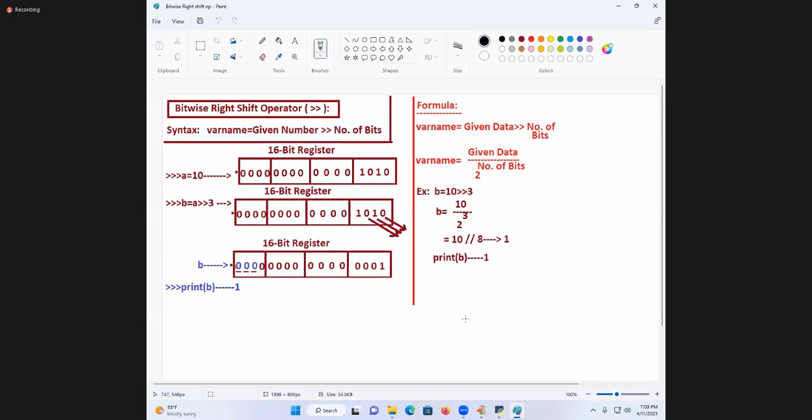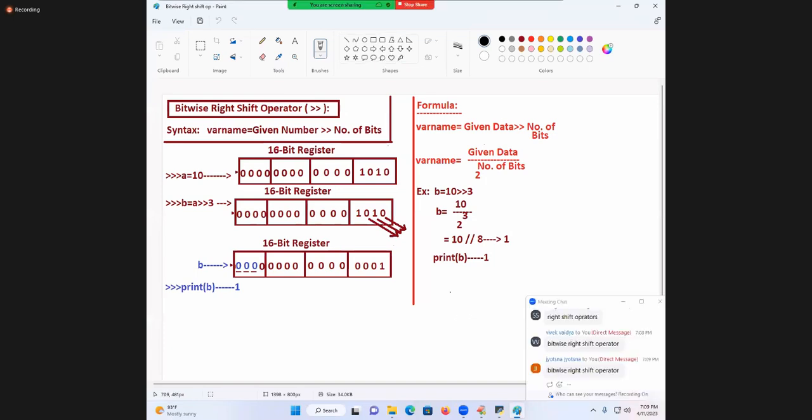Come on, watch it. What is the syntax here? Instead of writing and wasting my time: given number >> number of bits. Take a 16-bit register, 10 with zeros in front. >> 3 means flipping of 3 bits, and the result is 1.